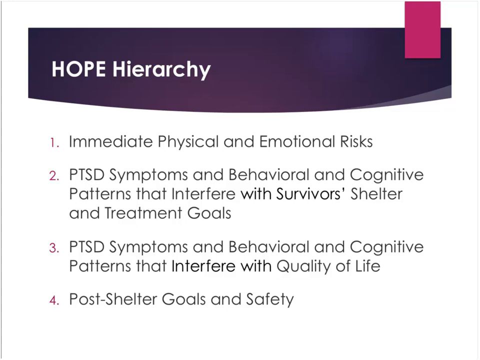Once we address those, we focus on symptoms that are less interfering with their goals but still interfering with their quality of life. And then last, we focus on their post-shelter goals and safety.